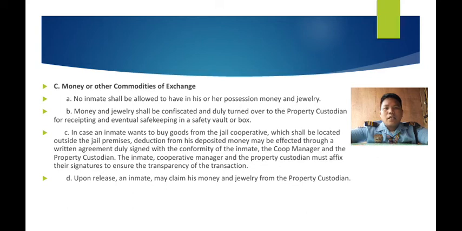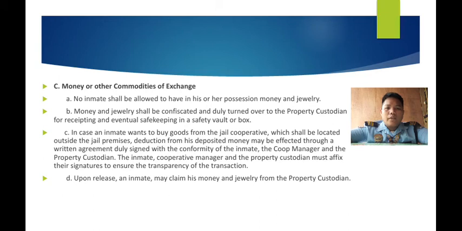C. In case an inmate wants to buy goods from the jail cooperative, which shall be located outside the jail premises, deduction from this deposited money may be effected through a written agreement duly signed with the conformity of the inmate, the cooperative manager, and the property custodian.